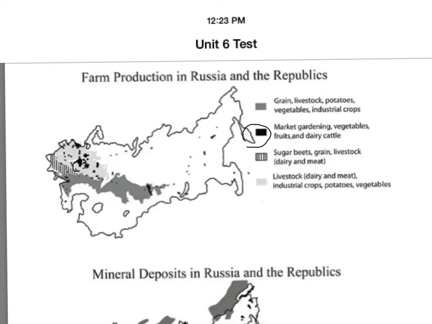You can see throughout this area right here, we have all these little dots over here. So they're scattered throughout parts of the republics of Russia, Ukraine, Belarus, Kazakhstan, Georgia. So all of these are showing different parts of farming and ranching in the Russia and republics.